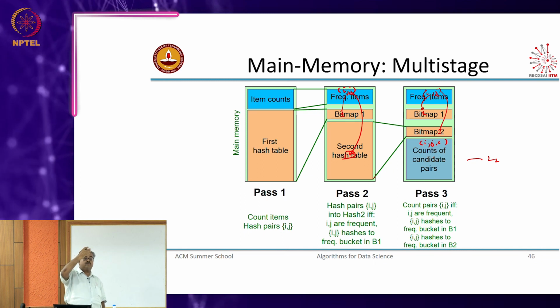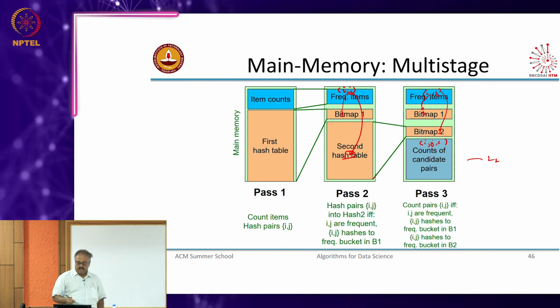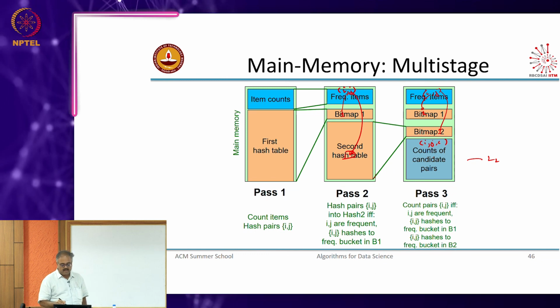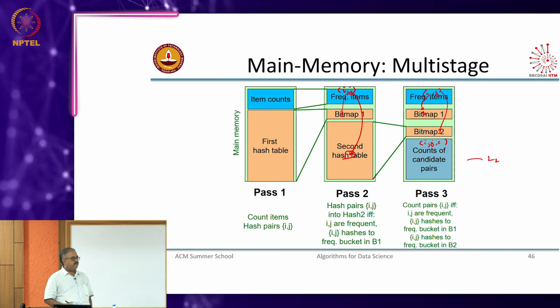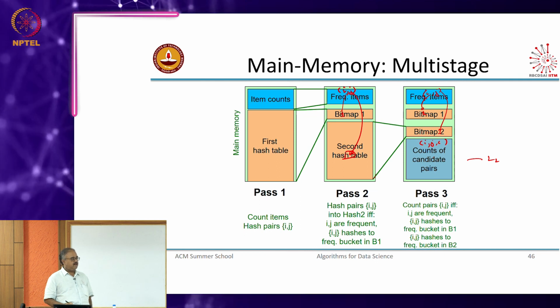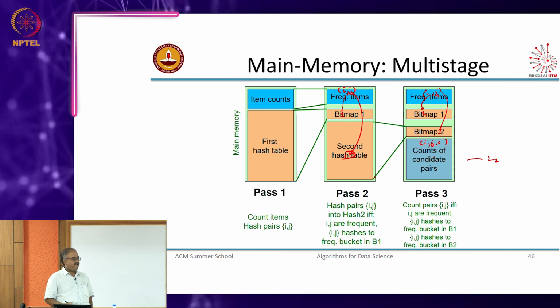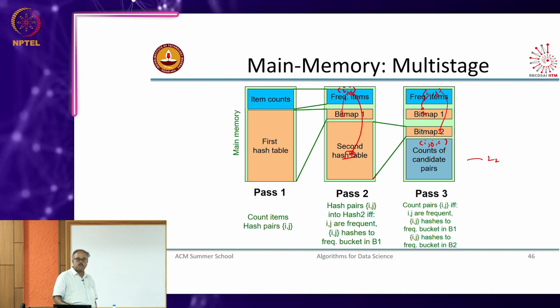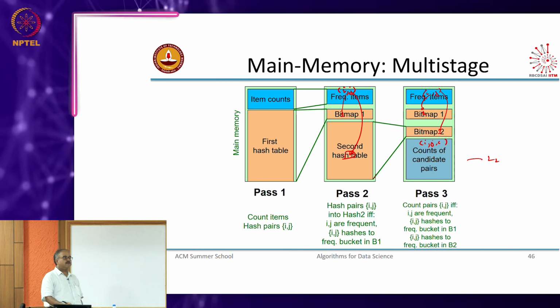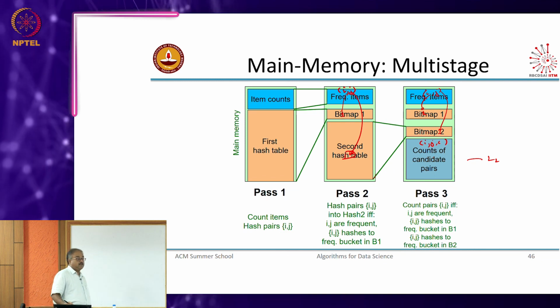So, if you truly understood what is going on, tell me why do I have to check whether this item is frequent in bitmap 1 and also frequent in bitmap 2? Why can't I directly check whether it is frequent in bitmap 2? I could, right?